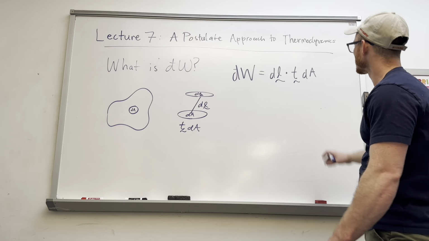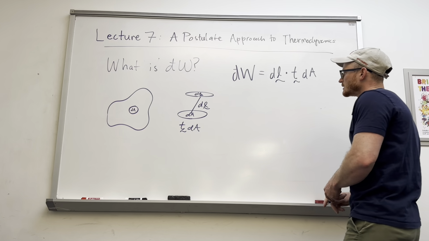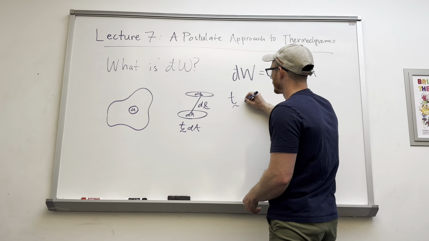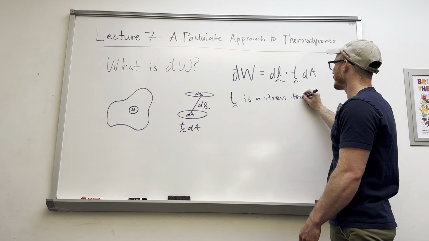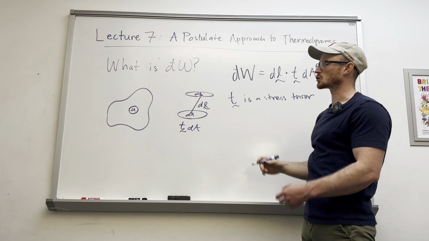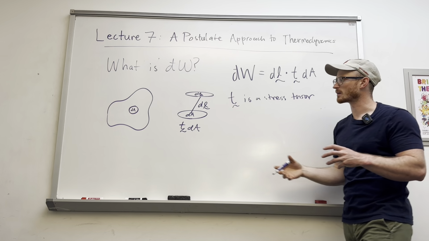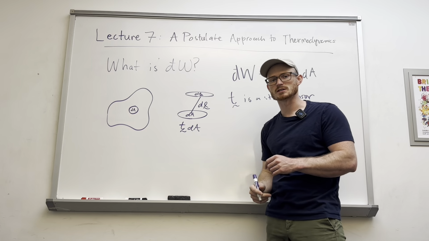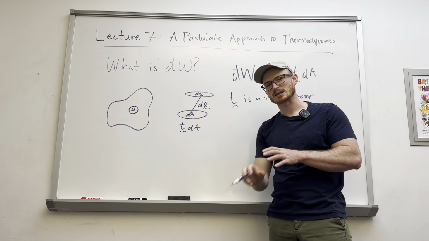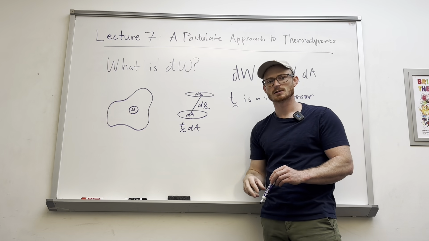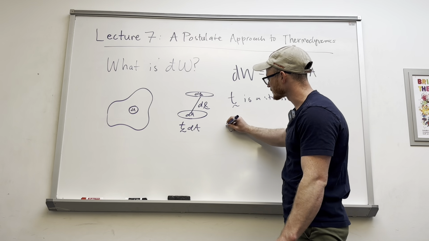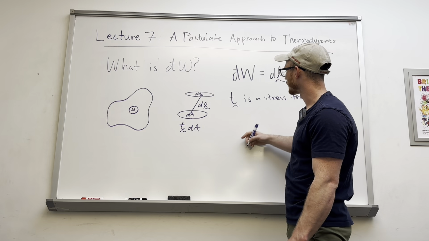Now the question is, what is this T, right? Well, T is a stress tensor, which I'm not sure if all of you are familiar with, but all it is is it describes the way that forces interact on this surface, right? You could have forces that push in on the surface, that slide along the surface in all possible directions. And the way this is usually expressed is as a matrix, right?